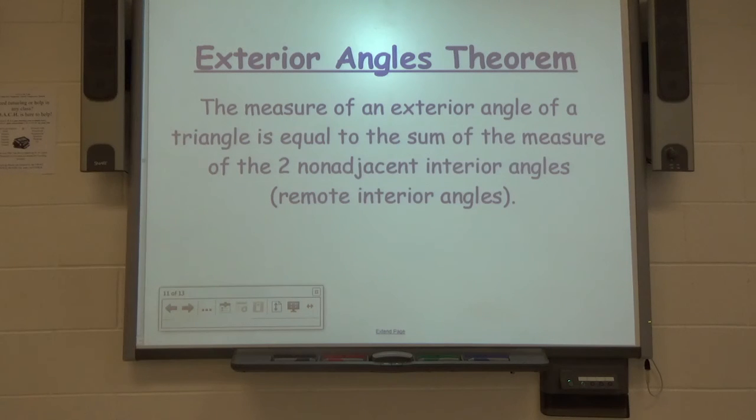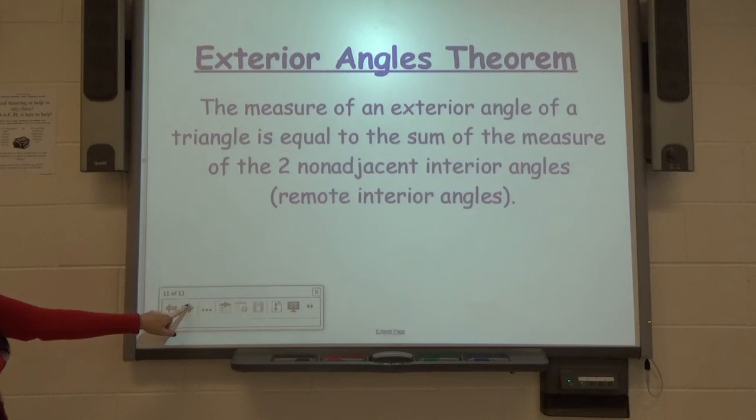Those two terms, non-adjacent interior angles and remote interior angles, are able to be switched back and forth for each other. They are synonyms of one another.